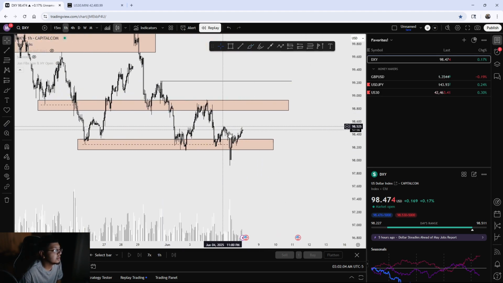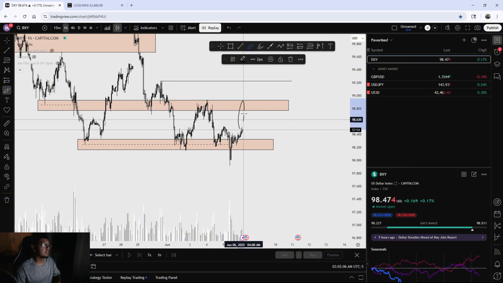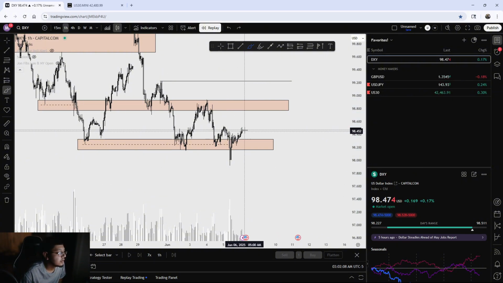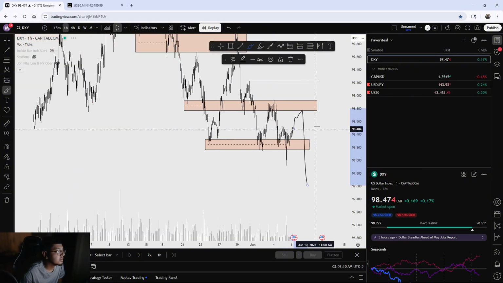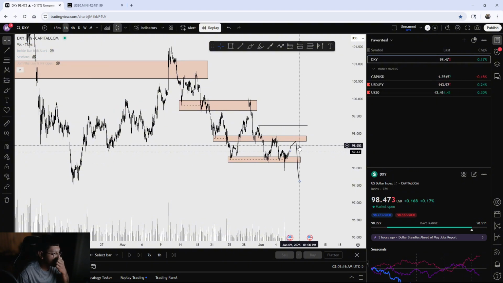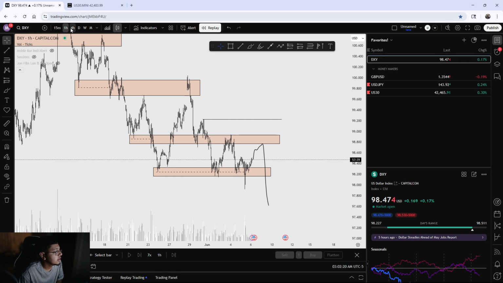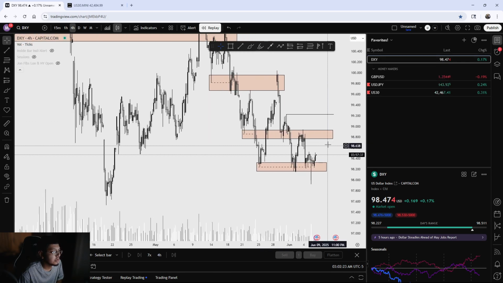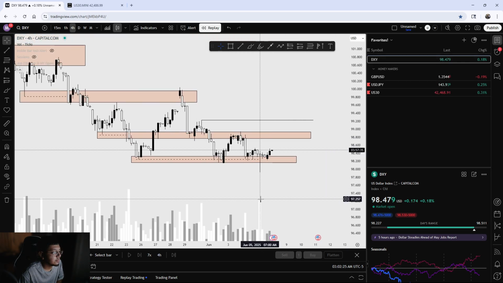For any reason, I don't see price actually giving a third reaction from this zone to continue down. I don't see it. After we took liquidity to the downside, I like to see price push up. So it's just more confluence.